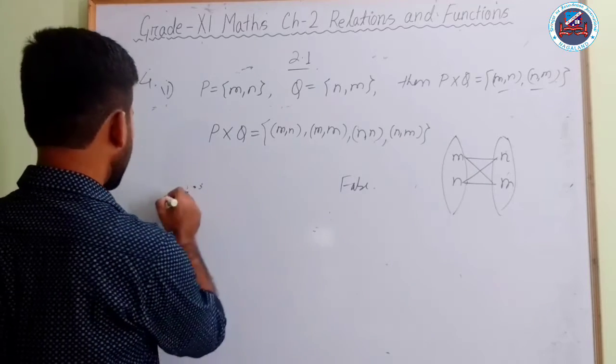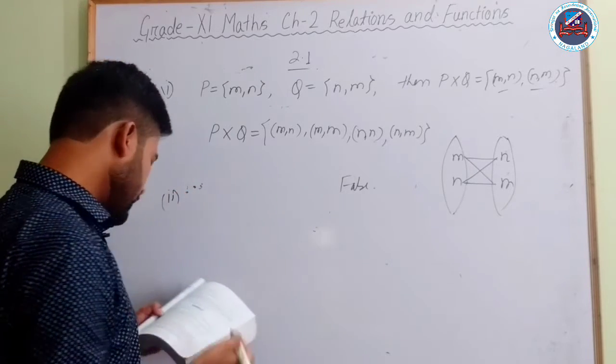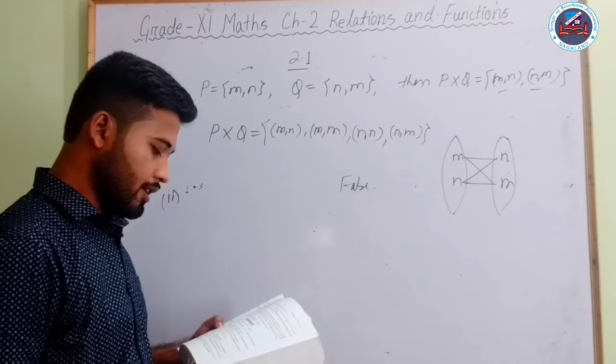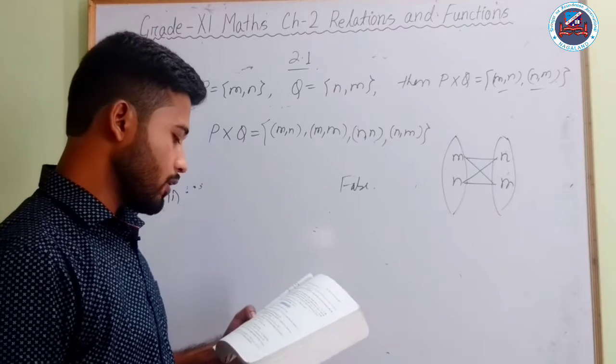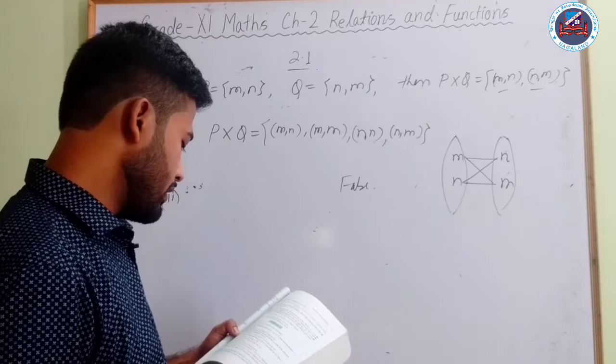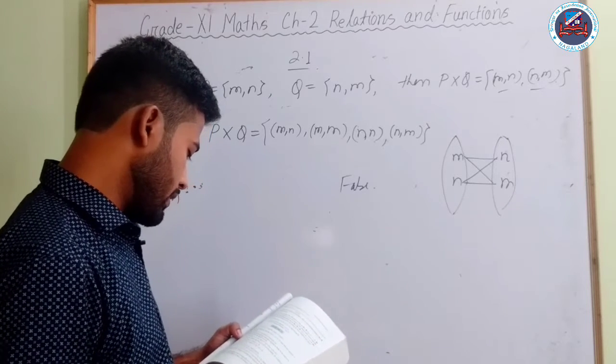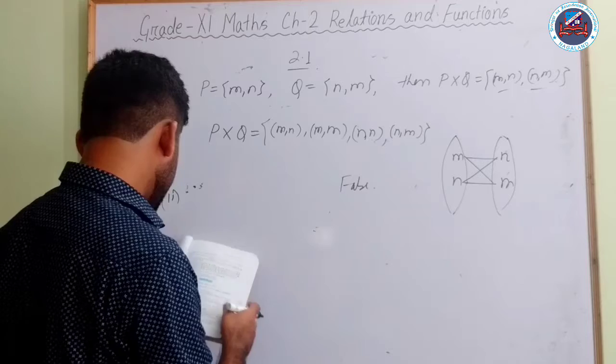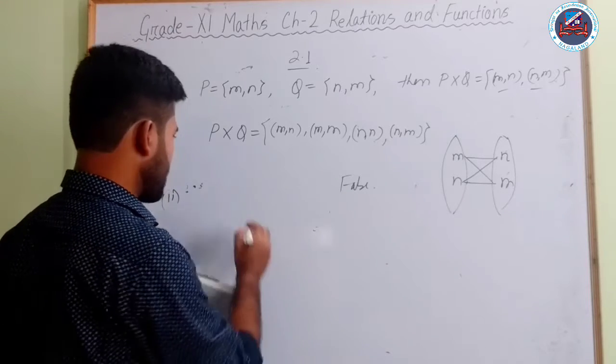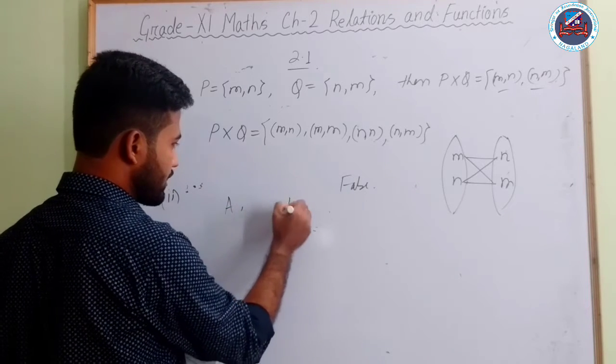Now let us see question number Roman 2. It is given that if A and B are non-empty sets, then A cross B is a non-empty set of ordered pairs (x, y) such that x belongs to A and y belongs to B. Yeah. So here they have given A and B are non-empty sets. So let us consider A is any set and B is any set.